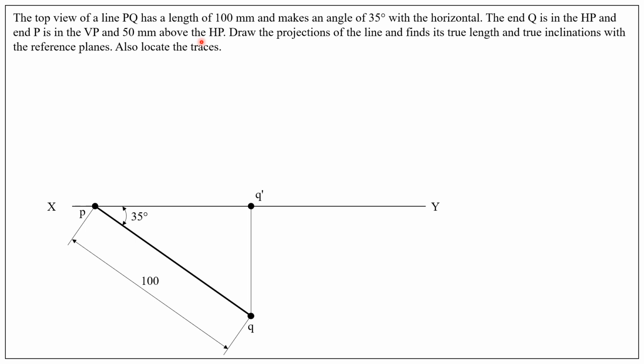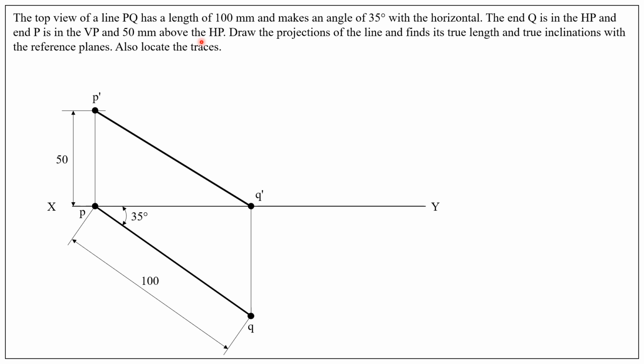Therefore, the front view of point P, which is directly above its top view, therefore draw a perpendicular from P and on this line mark point P dash at a distance 50 millimeters from the XY line. Now join P dash Q dash. The projections of the line is completed.